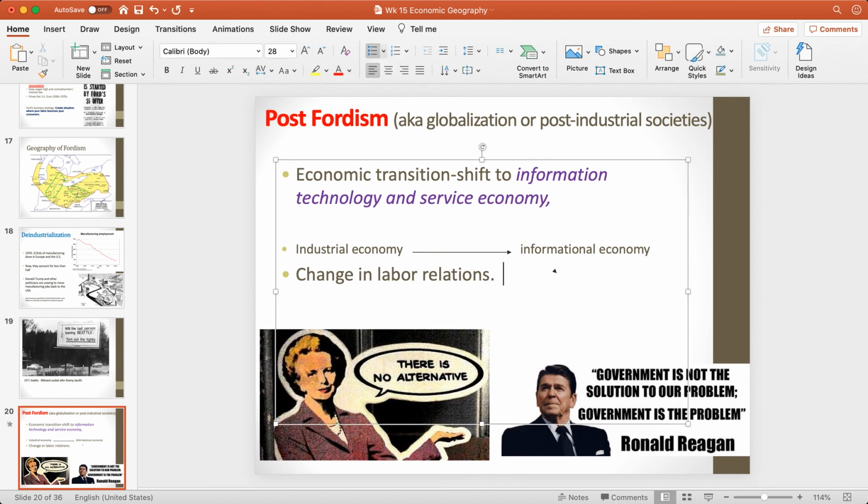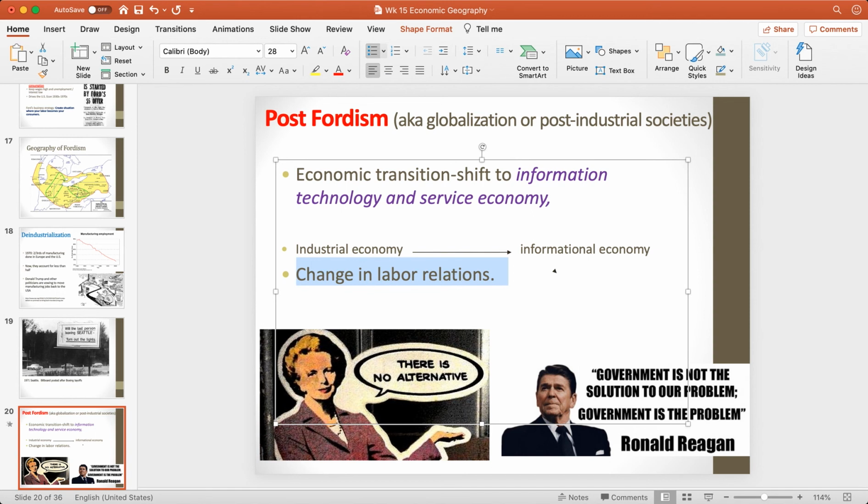And with these service jobs, the workers within the United States did not have the power that they did previously. So people would have to work more than one job in order to make ends meet, or they would have a job, but it wouldn't offer a retirement plan, or wouldn't offer health care, or they'd have to pay, say you're a nurse now, but you pay $300 a month in health care.